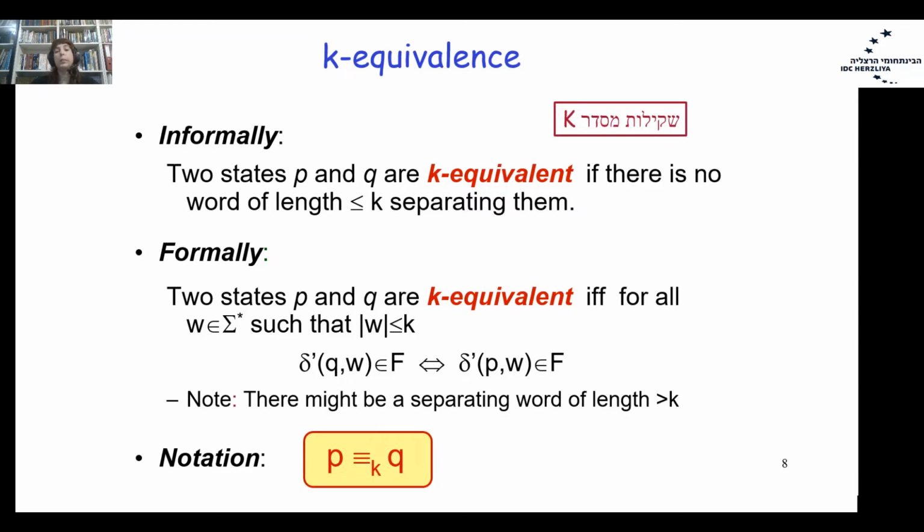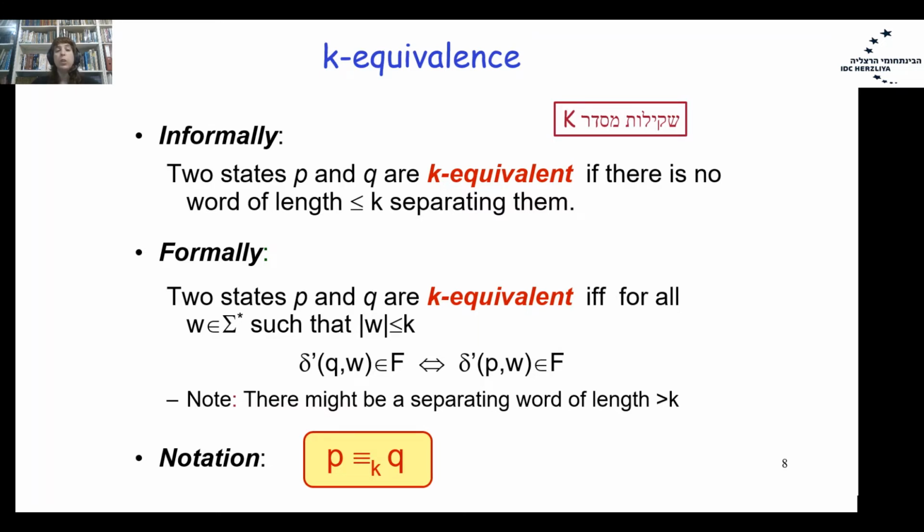Formally, P and Q are K equivalent if and only if for all W that belong to sigma star such that length of W is less than or equal to K, delta cap(Q, W) belongs to F if and only if delta cap(P, W) belongs to F. Please pay attention: P and Q are K equivalent, but if I take a word with length greater than K, the equivalence may be different. Maybe these two states won't be K equivalent.